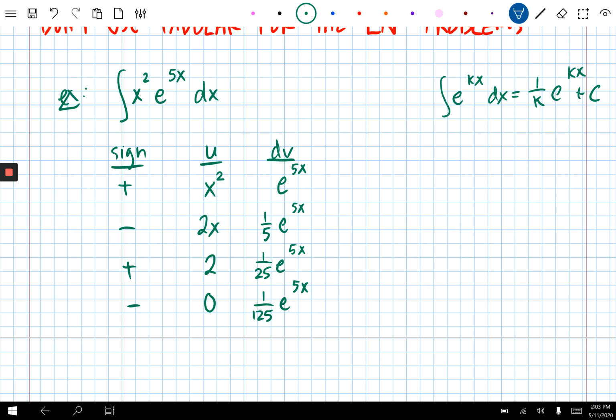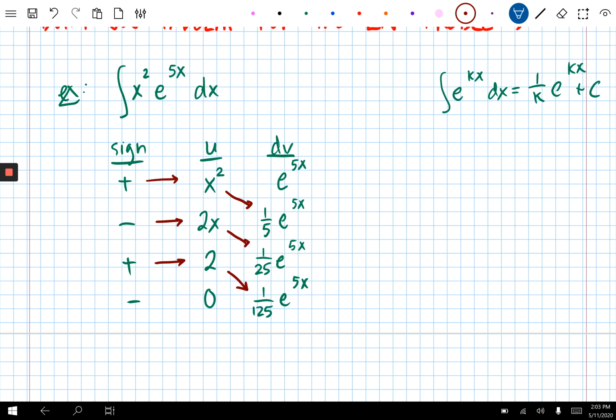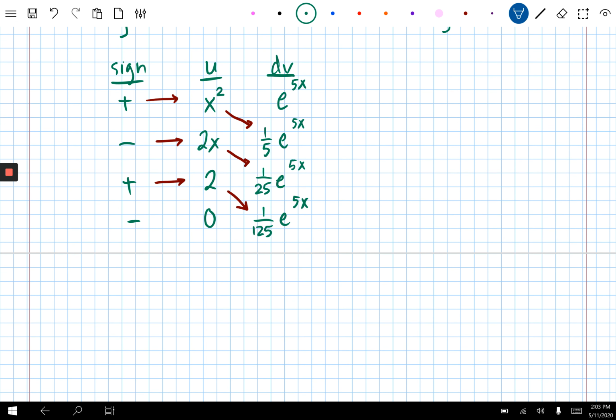Okie dokie. So across, down, across, and down, across, and down. So here we go. I got x squared times 1/5 e to the 5x minus 2x times 1/25 e to the 5x plus 2 times 1/125 e to the 5x plus c.